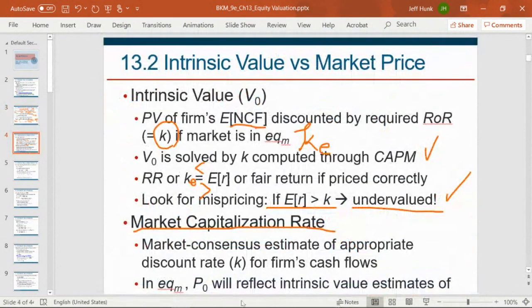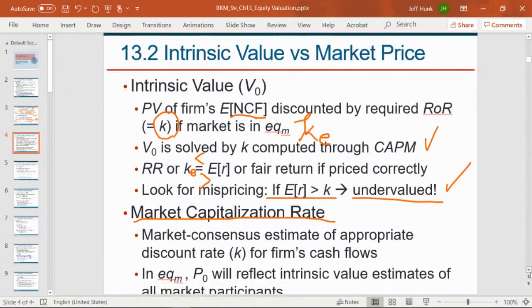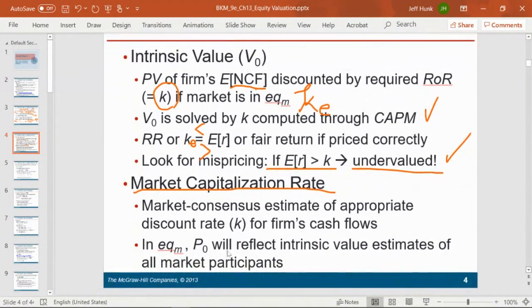In equilibrium, market price will reflect intrinsic value estimate of all market participants. So that means in equilibrium, P0 equals V0. That's what it's saying.